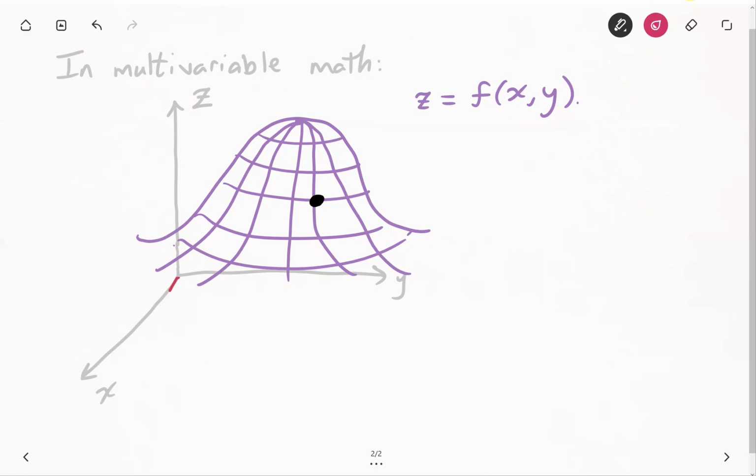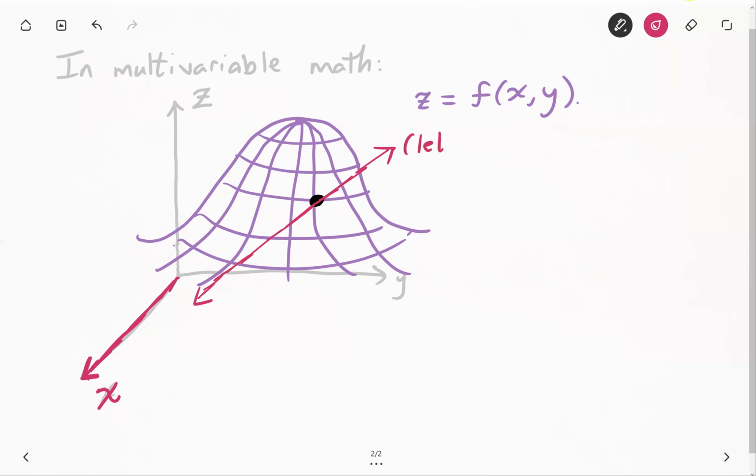All right, so first, let me draw your attention to the x-axis, which I'll go ahead and color in red. And one thing you could do is fix a value of y and then let the x value vary. And then you'll get some kind of a tangent line, maybe something like this.